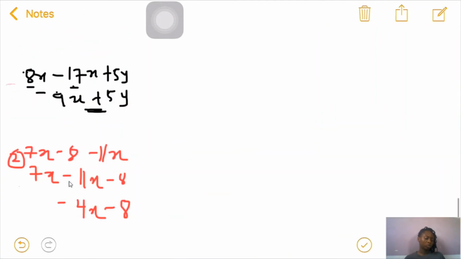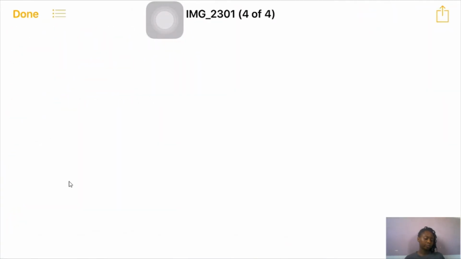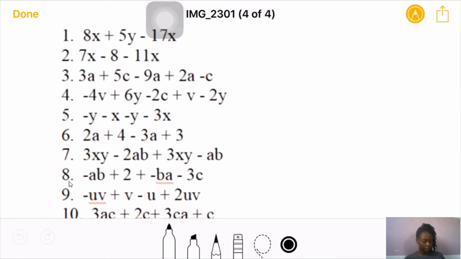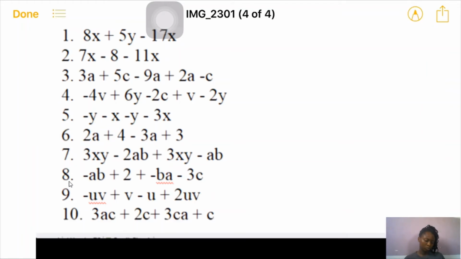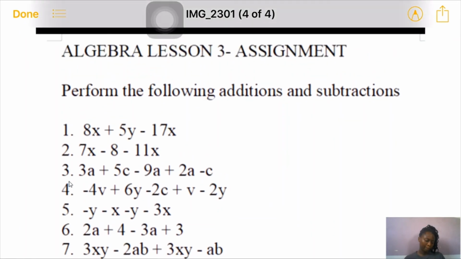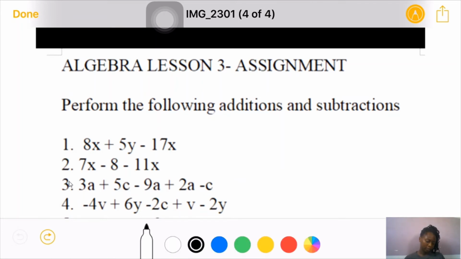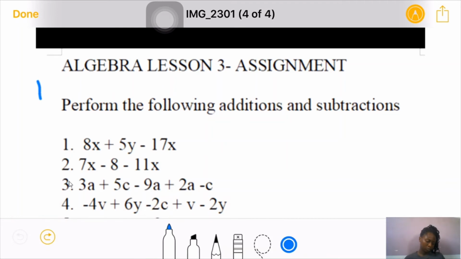Okay. So now on to number 3. So number 3, I have 3a plus 5c minus 9a plus 2a minus c.